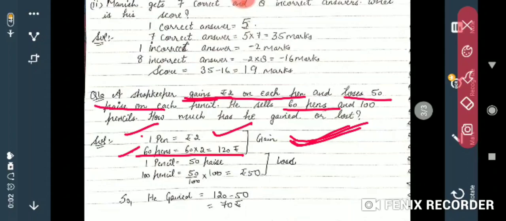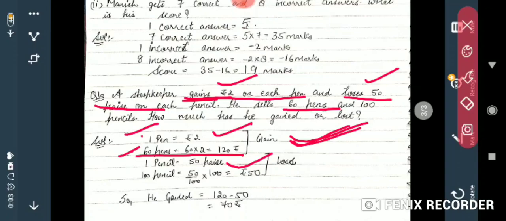Now on pencil, how much loss he suffered? 50 paisa loss. So 1 pencil equals 50 paisa. Now just convert 50 paisa into rupees. Why? Because just see, the pens are given in rupees and the pencil is given in paise. So we can't find out when one thing is given in rupees and one thing in paise. Either convert both the things in rupees or convert both the things in paise.